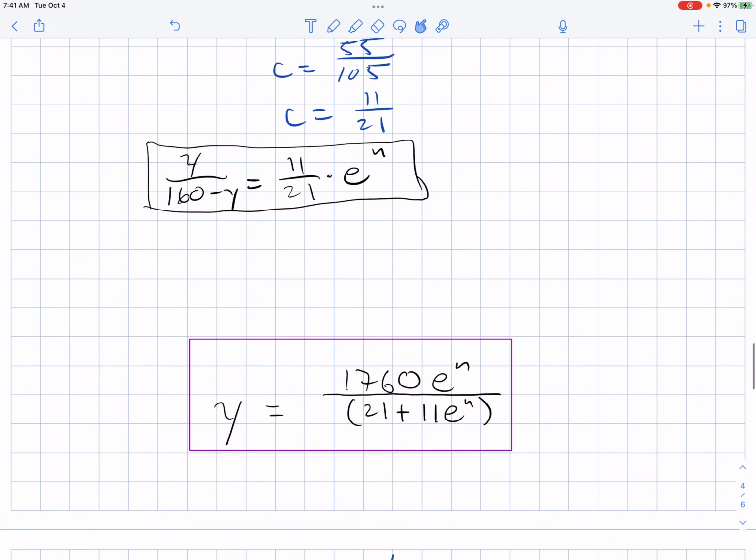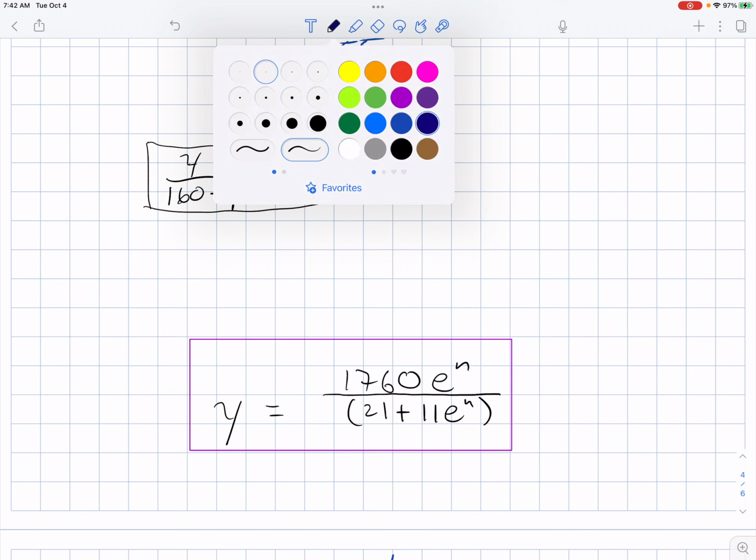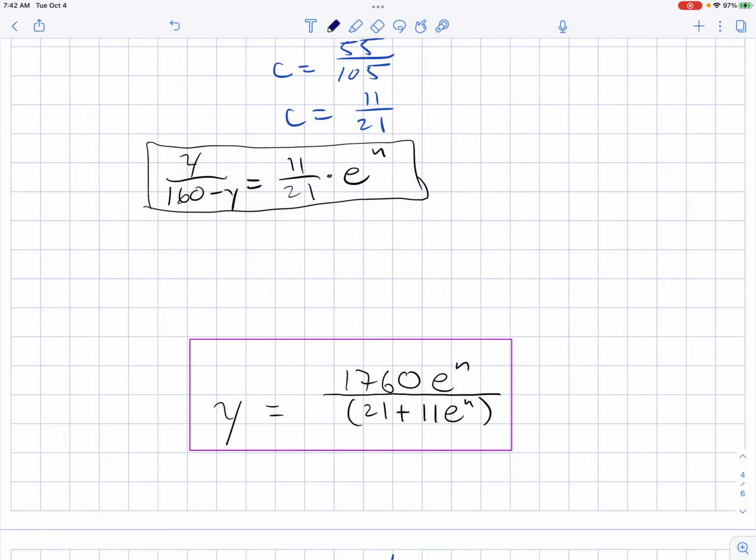And you can see I actually already solved it. But to get y by itself, because that's essentially what we want, we can multiply both sides by 160 minus y to get y on the left side being equal to 11/21 times e to the n times 160 minus y.